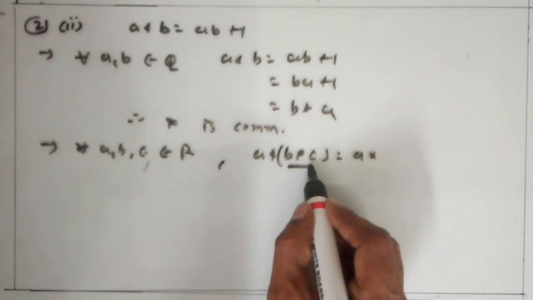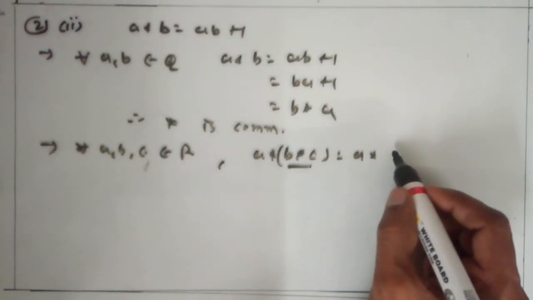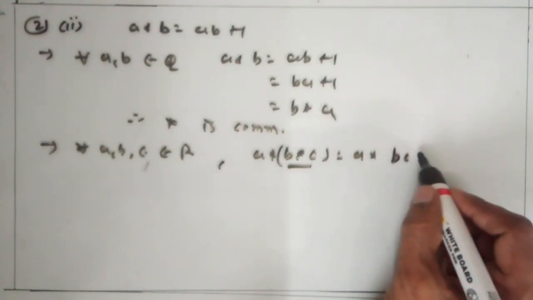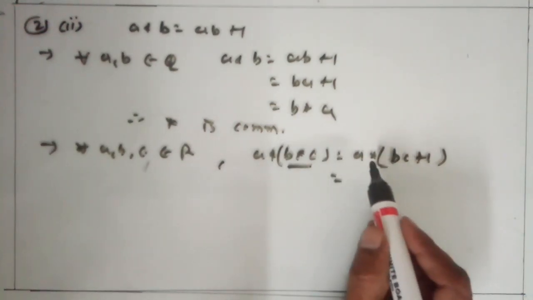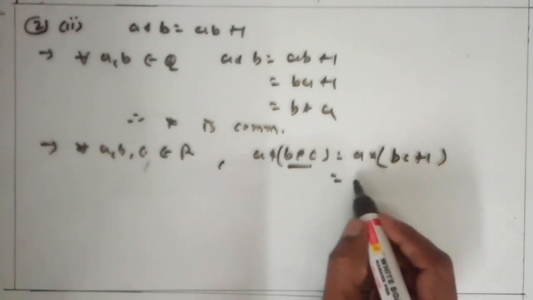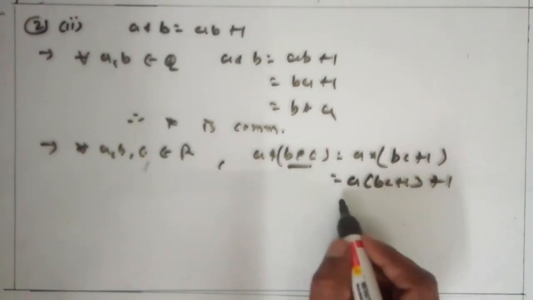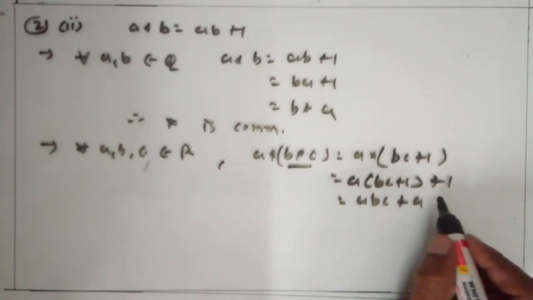Here B star C, applying this star operation, is B into C plus 1, that is BC plus 1. Now A star (BC plus 1) is the product of these two, that is A into (BC plus 1), plus 1. So we get ABC plus A plus 1.